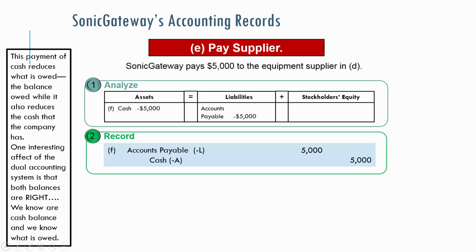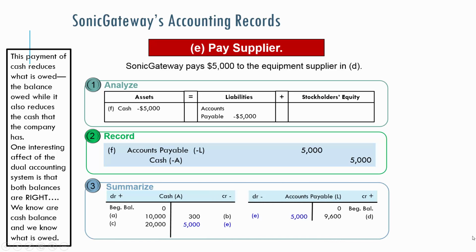Also, when we look at our liabilities, we can see that what we owe to others keeps changing, and this is an accurate reflection of what we owe others. So the wonderful thing about this dual accounting system, which I note at the left, is that both balances are right. We know our cash balance and we know what's owed when we look through it.